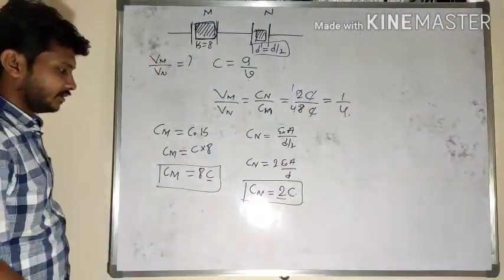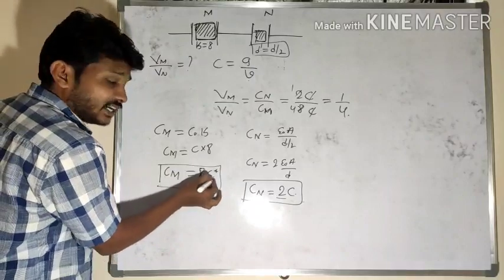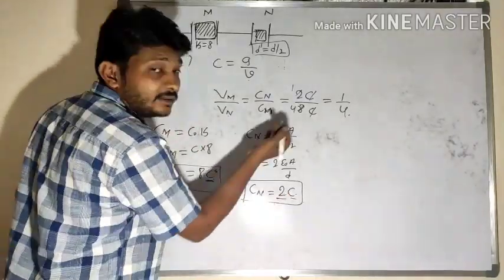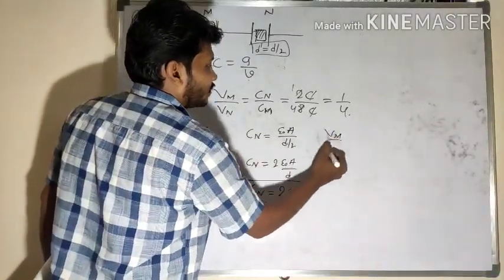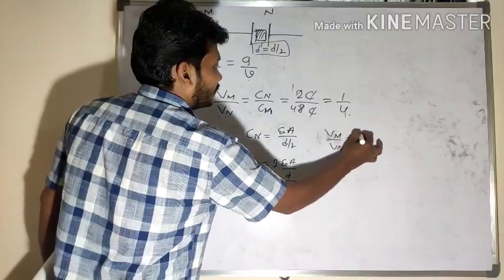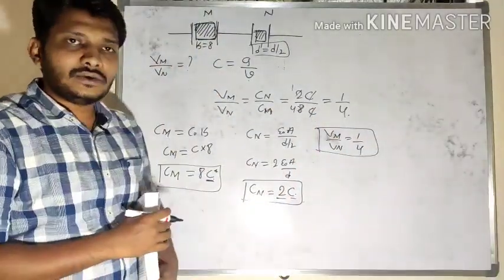So don't get confused here. Here the capacitance is 8 times the initial capacitance, and here 2 times the initial capacitance. So what is the ratio? Potential in terms of ratio is 1:4 here. So the ratio is 1:4 here.